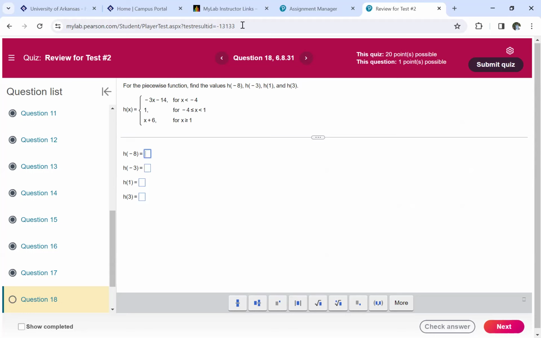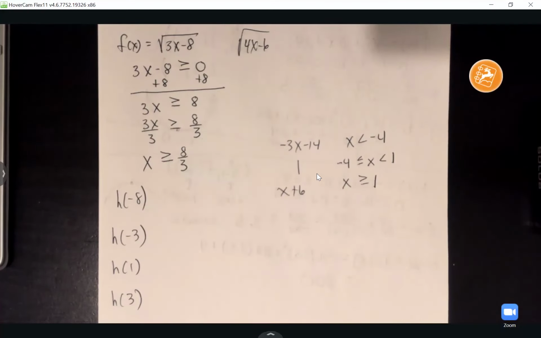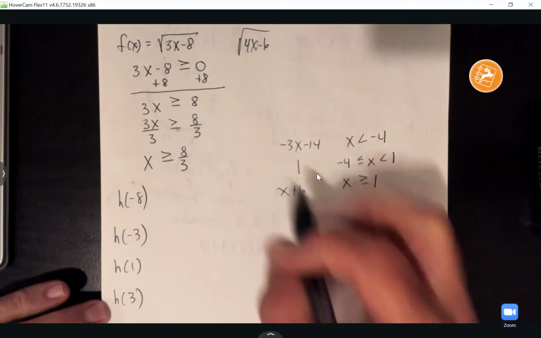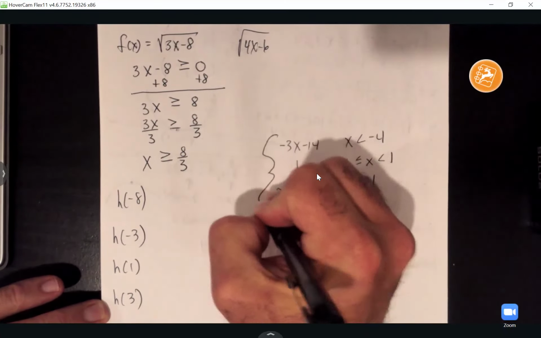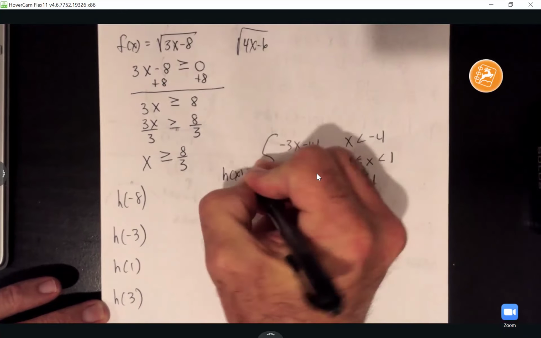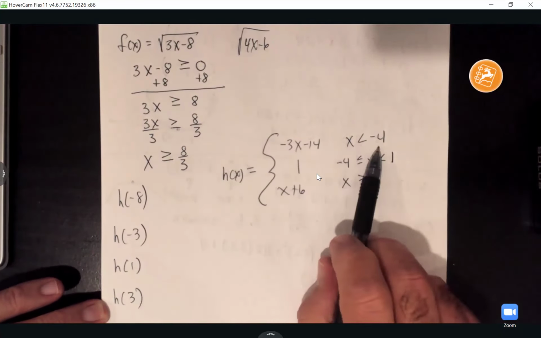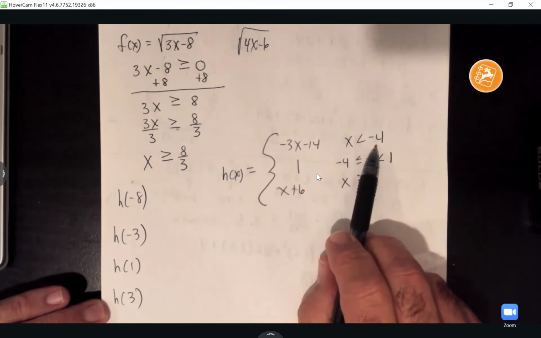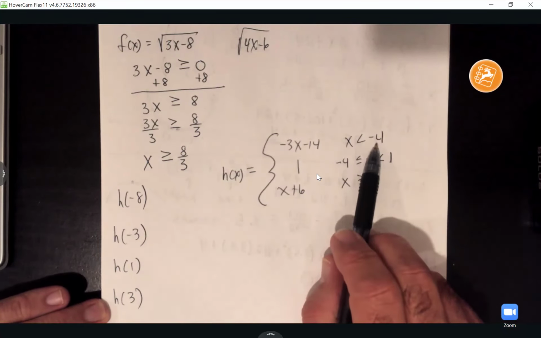I'm going to share my page over here. So y'all, I'm going to start out with h of -8. So here was your h of x. -8, is it less than -4? Yes. -8 is less than -4.